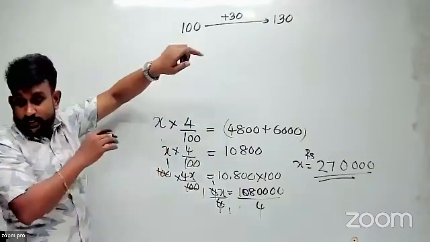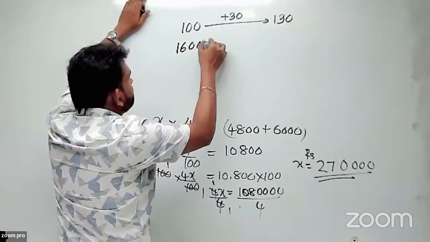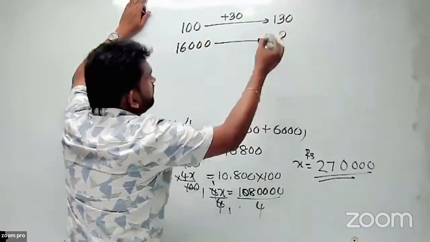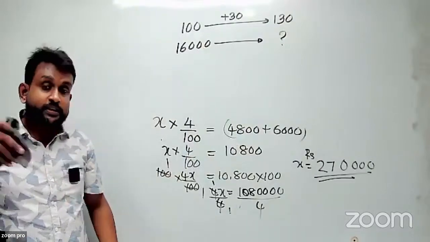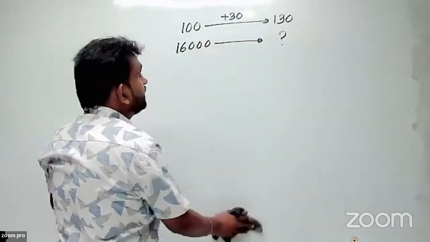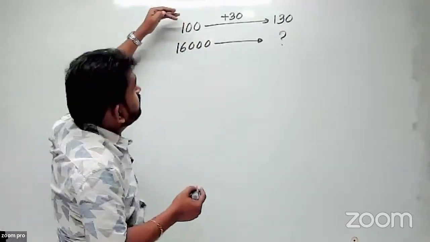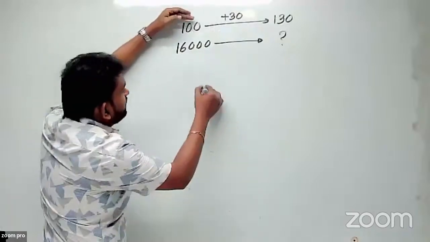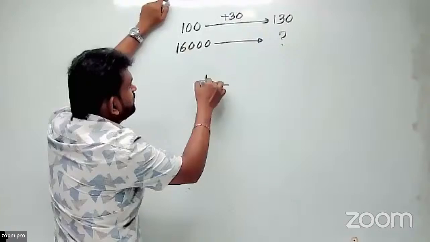So now what they ask is, the phone value is rupees 16,000 before applying the custom duty. With custom duty how much, right? Very easy. No need to find the custom duty separately and add. You can directly move to the answer. So imagine that if the initial value is 100, with custom duty 130.